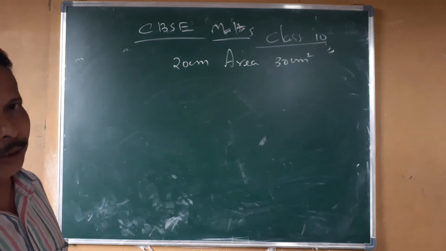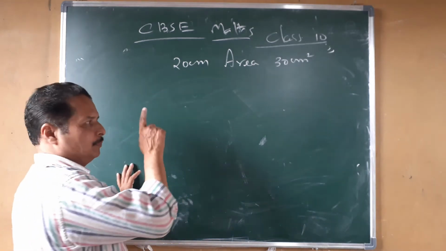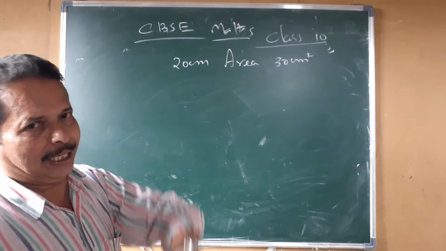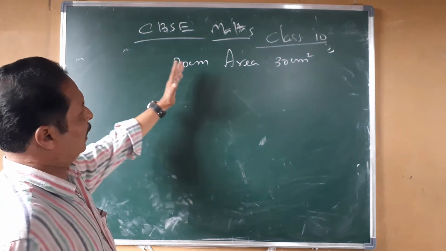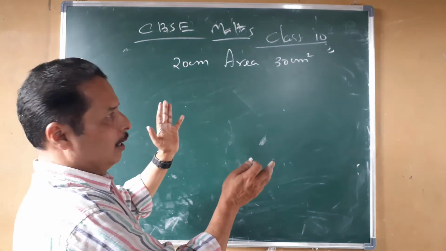Close the inverted comma. It's a statement. Your question is, is the statement true? The perimeter of a rectangle is 20 and its area is 30 centimeter square. Is it true?